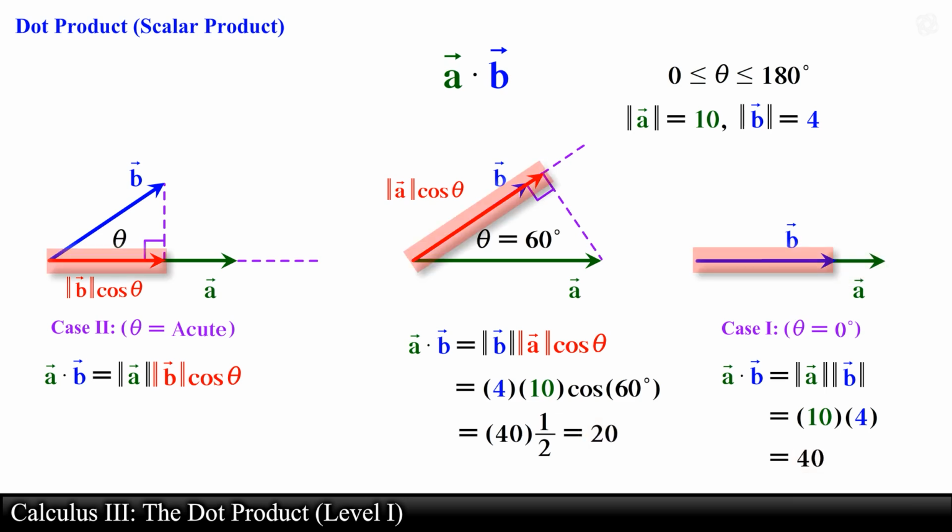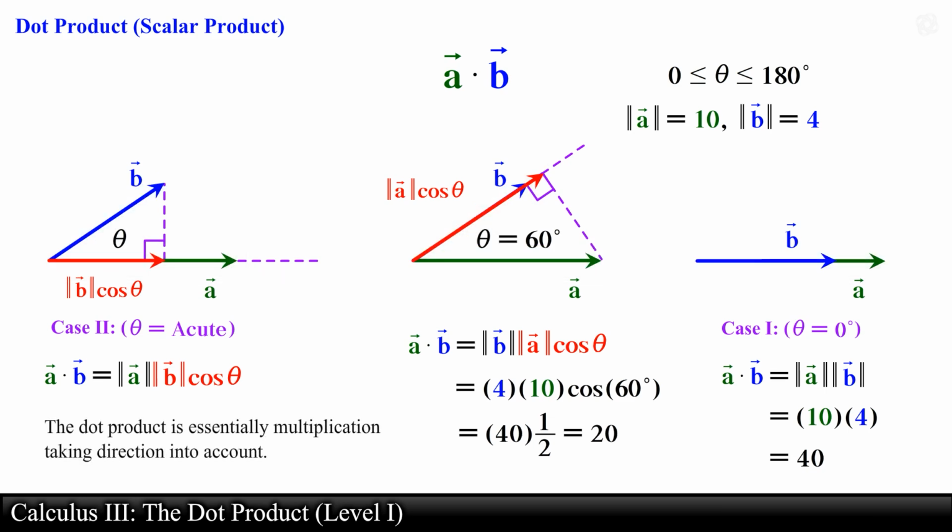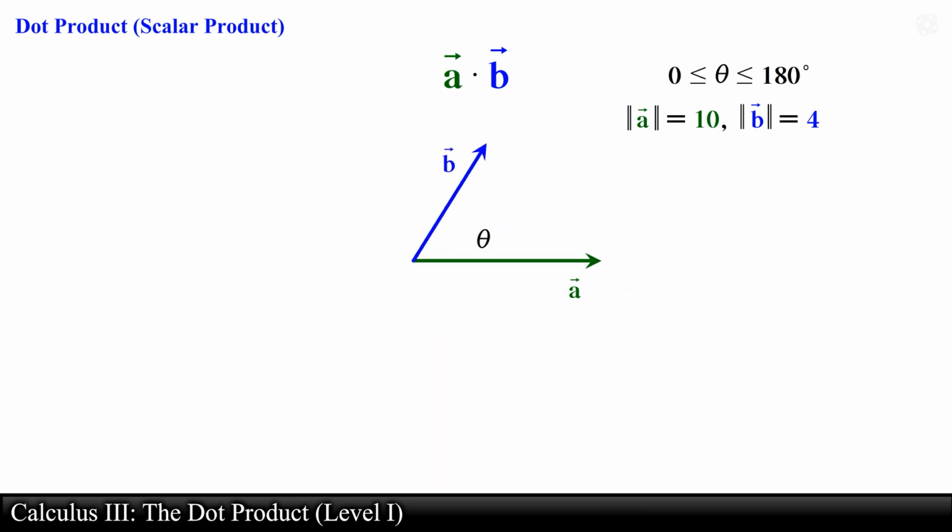This occurred because the projection of one vector in the direction of the other vector was reduced. Even though both vectors had the same magnitude, the direction changed the value of the final answer. This tells us that the dot product is essentially multiplication taking direction into account. Now let's take a look at the case when theta equals 90 degrees, or pi over 2.